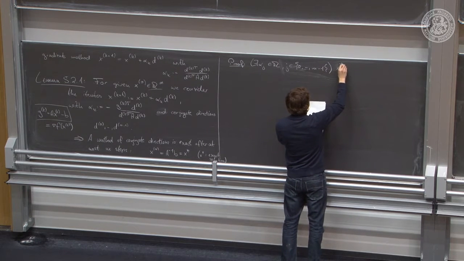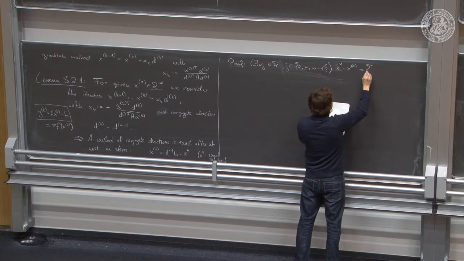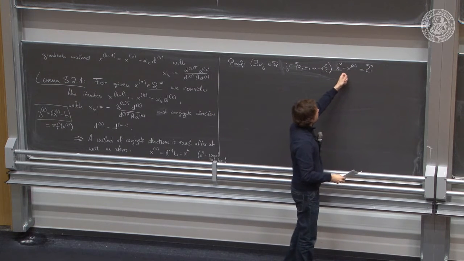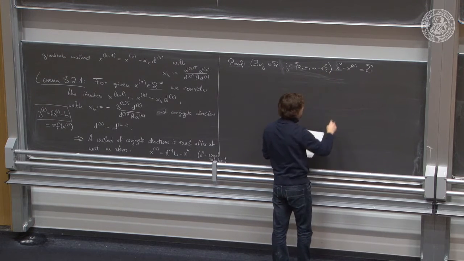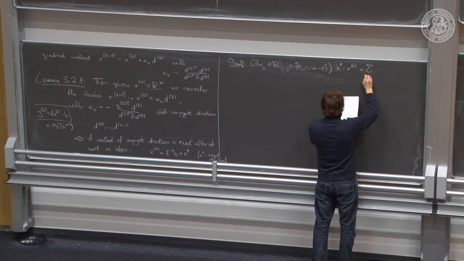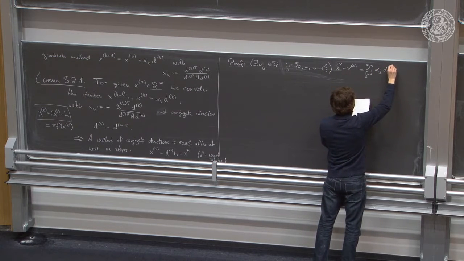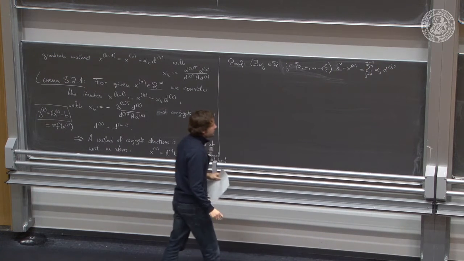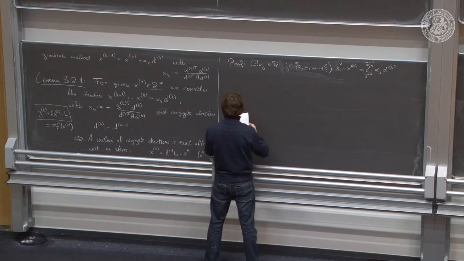That means that our conjugate directions span the complete space R^m. So, for example, we can represent x star minus the initial vector x_0 by a linear combination of these conjugate directions.